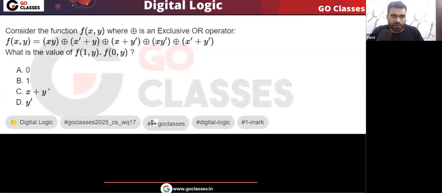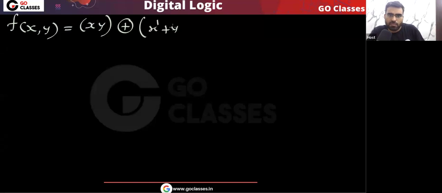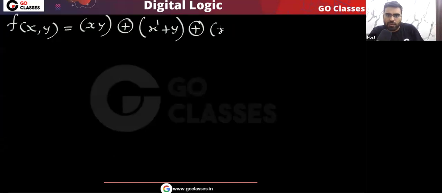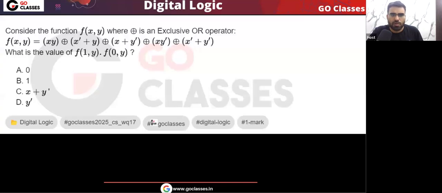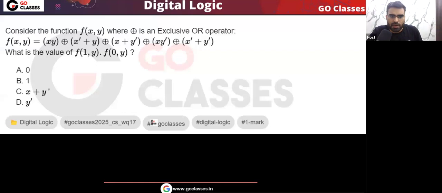See, the question is saying f(x, y) is already given to you, a function on two variables. This function is saying xy XOR x bar y XOR x y bar XOR x bar y bar.